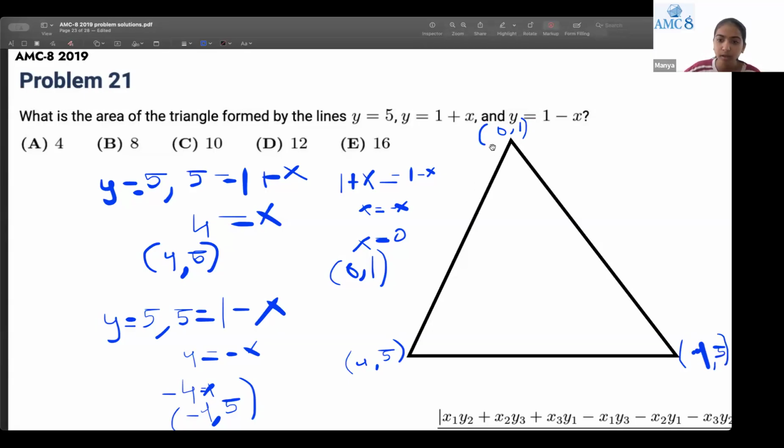And now we can do x1, y1, x2, y2, and this can be x3, y3.